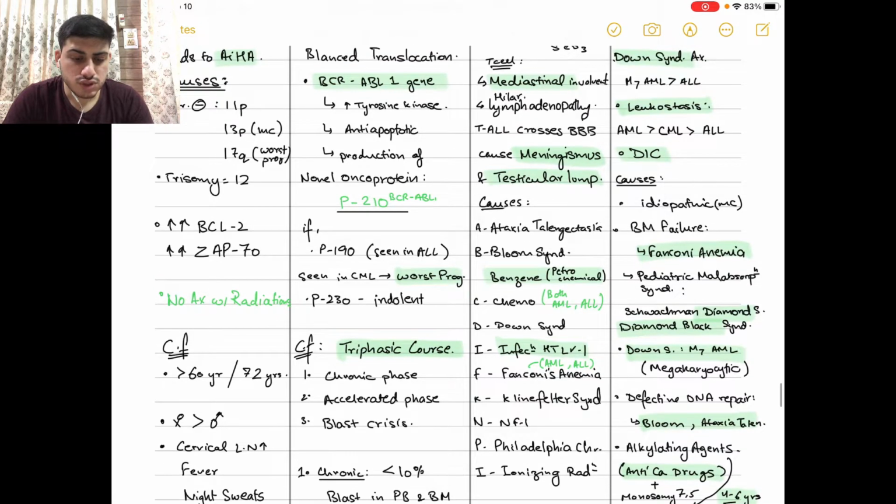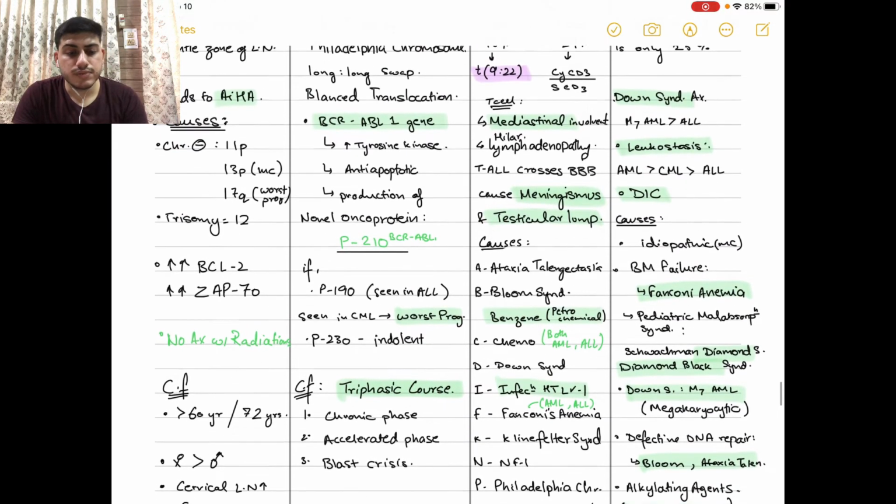Also there are two genes that are hyperactivated, the BCL2 gene and the ZAP70 gene, and both of these are anti-apoptotic genes. When they are anti-apoptotic, cells won't die on their own, so they will keep on growing, and new cells are also forming, so there is cancerous growth.